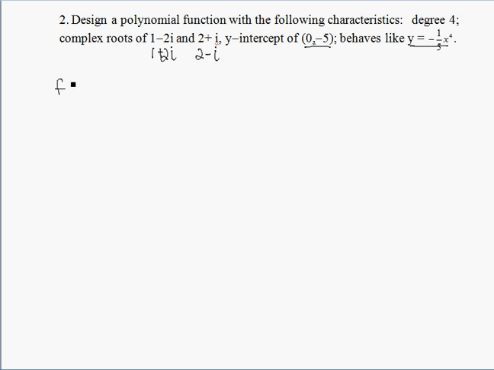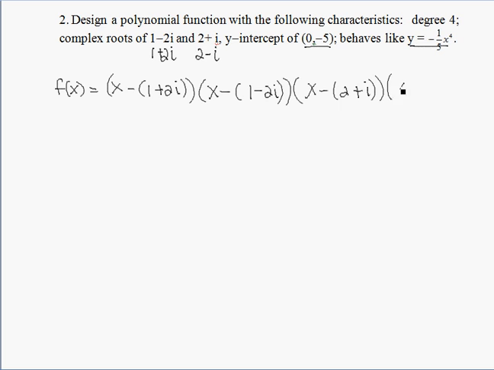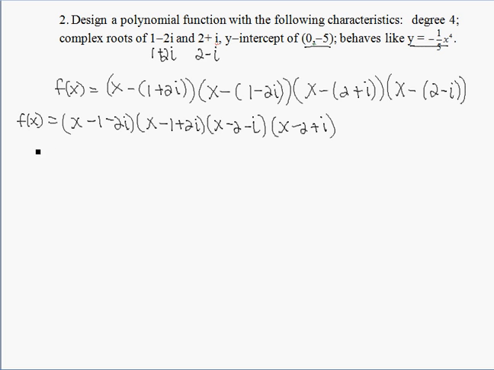So therefore my function will be x minus the root (1 plus 2i), x minus the conjugate (1 minus 2i), x minus the root (2 plus i), x minus the conjugate root (2 minus i). So I'm going to do distributing of all the negatives here.